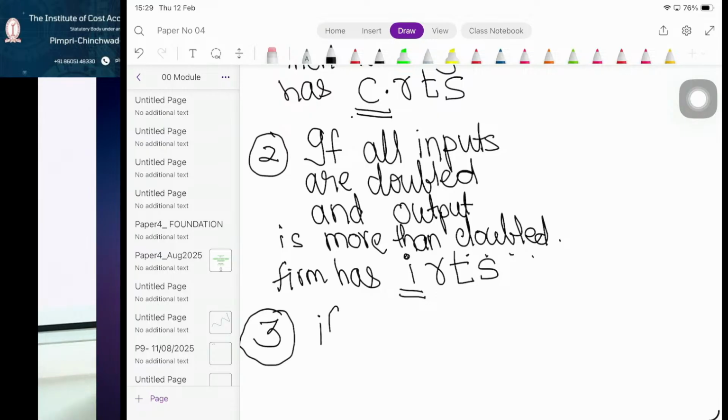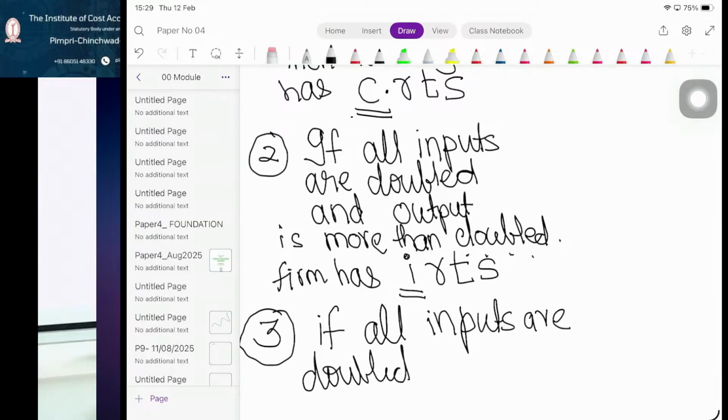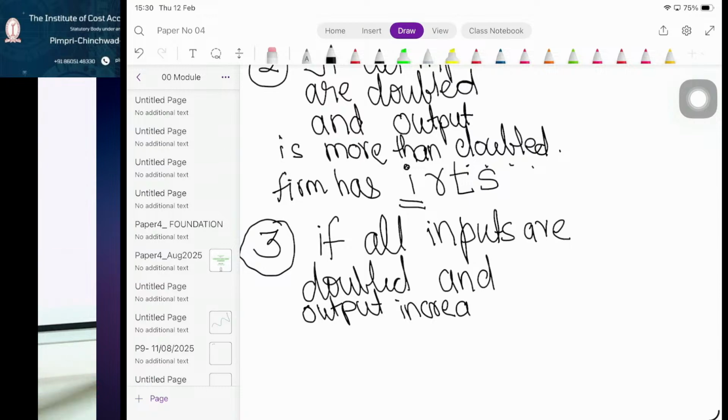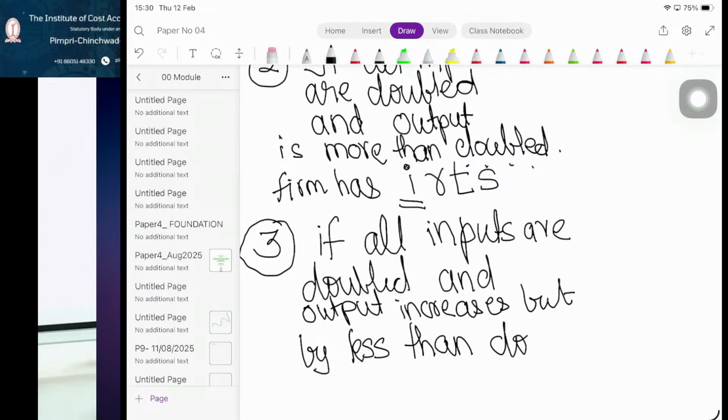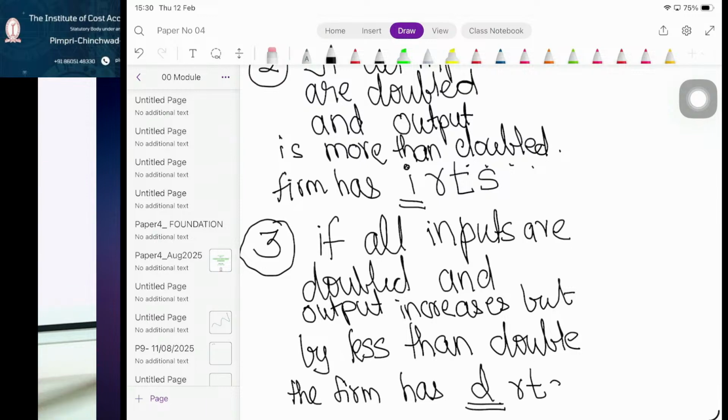Write this first part. If all inputs are doubled and output increases but by less than double, then the firm has decreasing returns to scale.